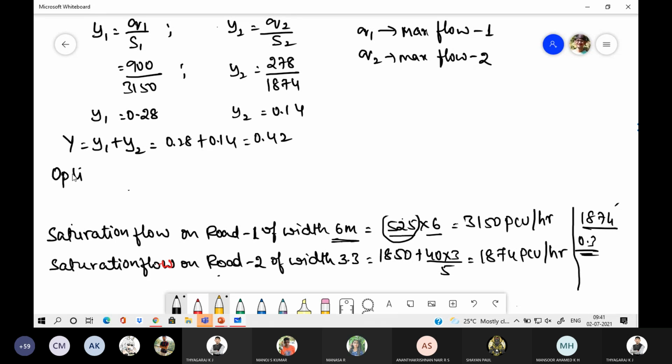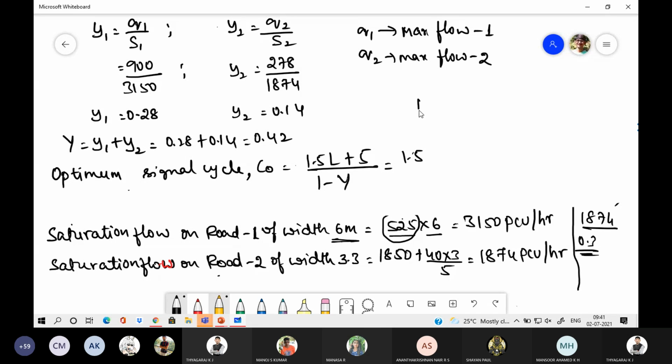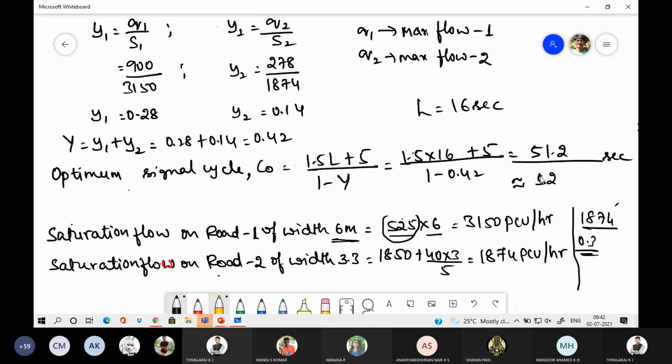Now the optimum signal cycle, C0, is equal to 1.5 L plus 5 divided by 1 minus Y. So 1.5 L, we know that L is 16 seconds, so it is 1.5 into 16 plus 5, divided by 1 minus 0.42. We get 51.2 seconds, so we'll round it to 52 seconds.